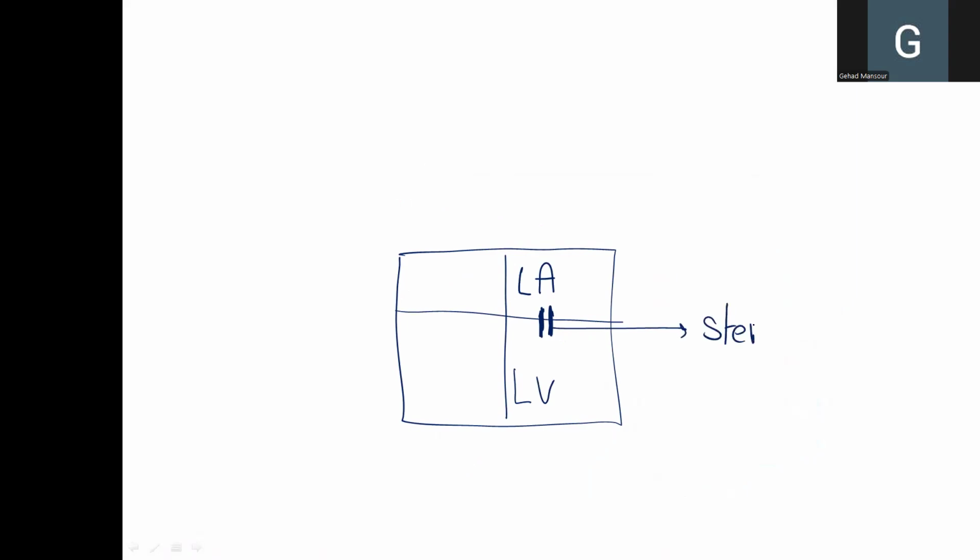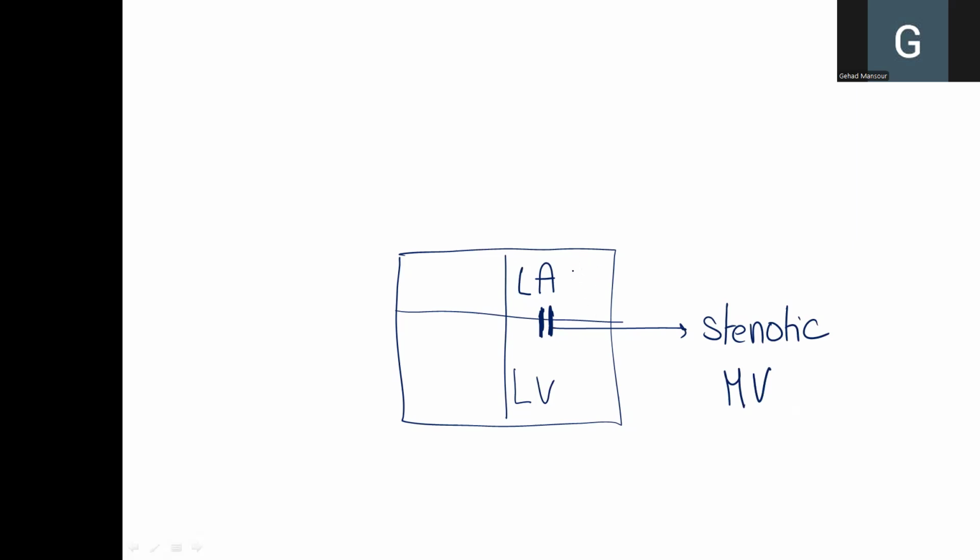So if this is a diagram that represents the chambers of the heart, we are focusing here on the left atrium and the left ventricle, and we have a narrow opening here, which is a stenotic mitral valve. What does this mean?